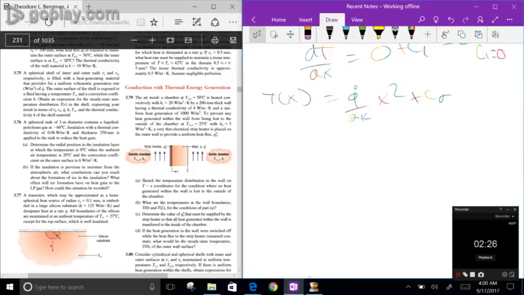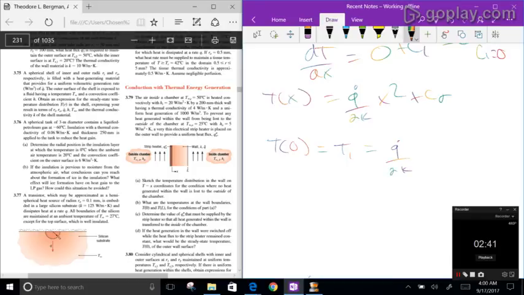Alright, and so we know that at x equals 0, T0 must be T1, which will be q dot over 2k times 0 plus C2.